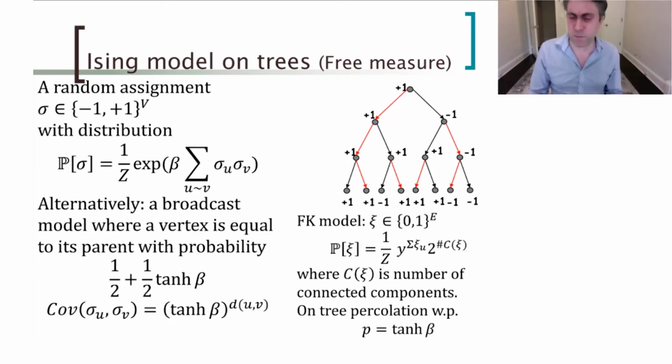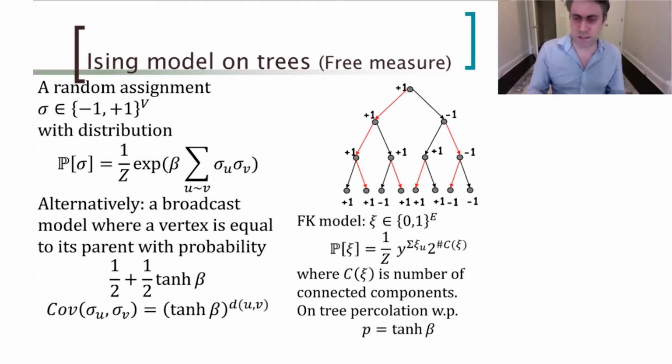And if we choose the parameters properly, then we can make the probability of choosing an edge tanh beta, and then we'll again exactly get that. And this will correspond to the Ising model if we treat this as a divide and color model. So the FK model just acts as percolation. We're just picking edges with probability tanh beta.